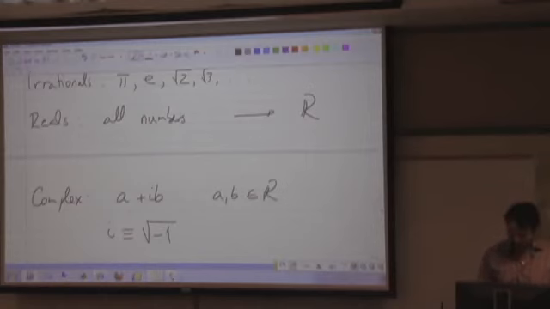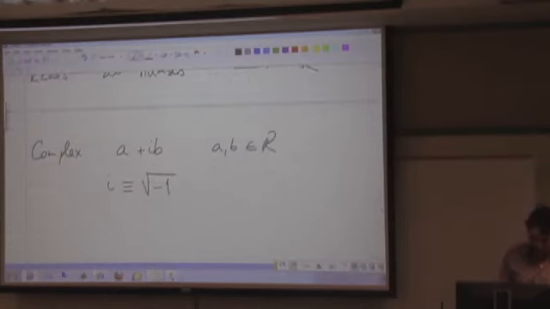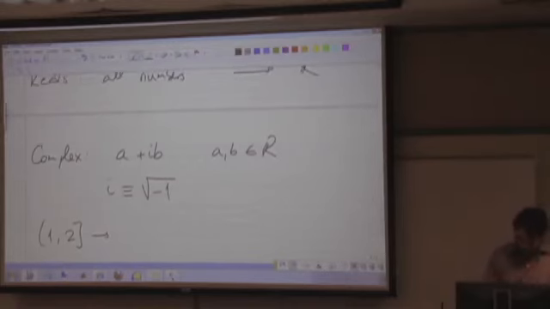Alright, intervals. What does it mean to look at the interval from 1 to 2? You look at all numbers, decimals and otherwise, between the number 1 and 2.